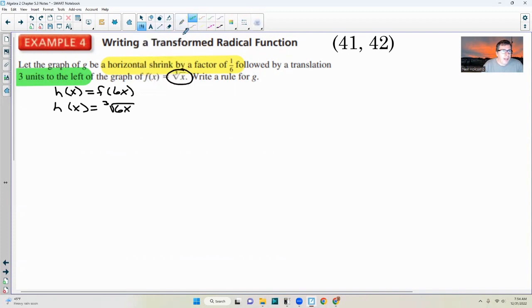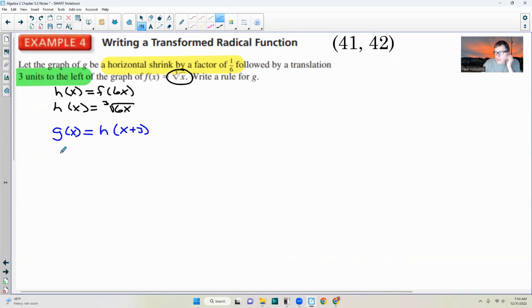So let me go back to my pen and I'll switch to blue. And now I'm going to say, well, g of x is going to be equal to h of, and 3 units to the left, that's x minus a negative 3, which is x plus 3. So 3 units to the left is x plus 3 in the parentheses.